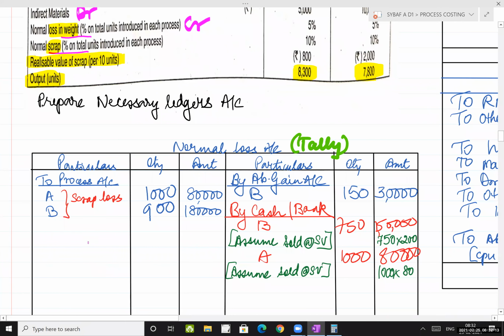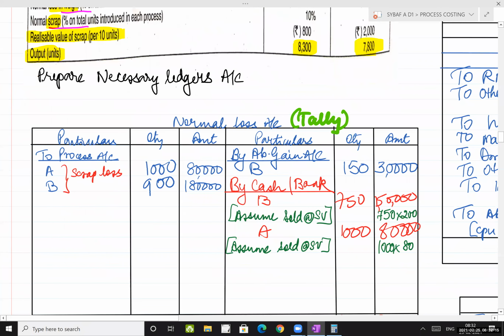First one done. Second, assume it to be saleable at scrap, sold at scrap value. Don't forget that. So it will be this entry: cash bank account debit to normal loss account.